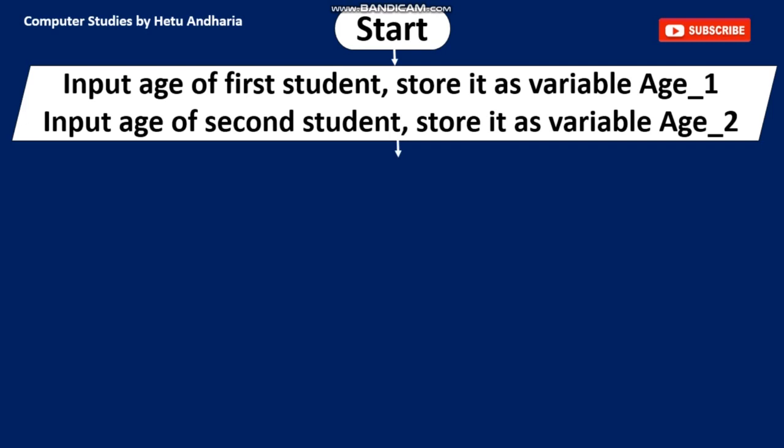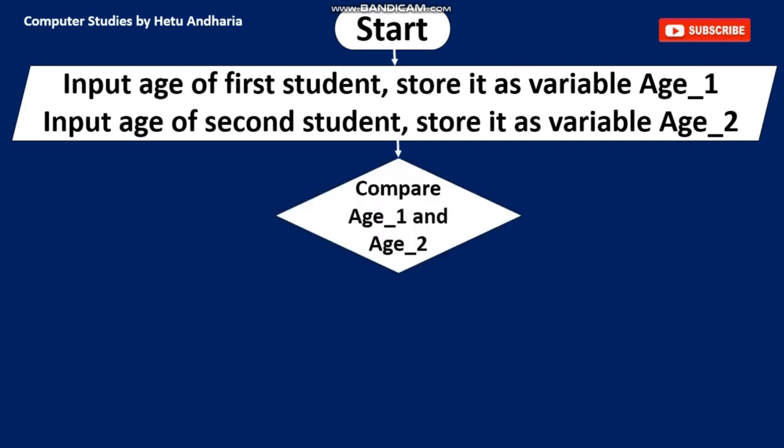Now arrow. Now a new symbol will come. Just see, process symbol. This symbol you had not seen before. Am I right? Not process symbol, I'm sorry, decision symbol. This symbol you had not seen before. Condition symbol or decision symbol, whatever name you can give. A better name is condition or decision, both are perfect.